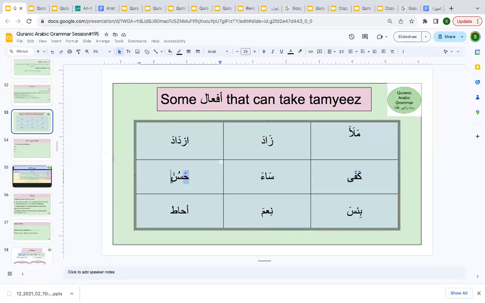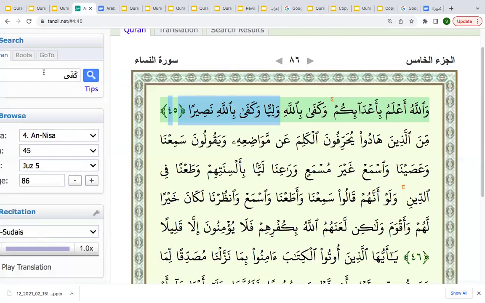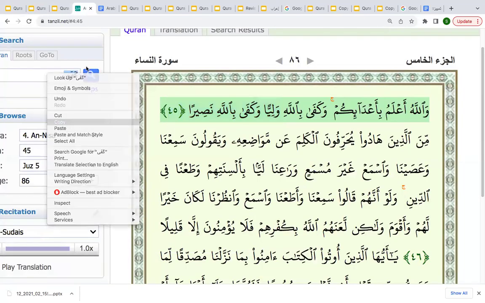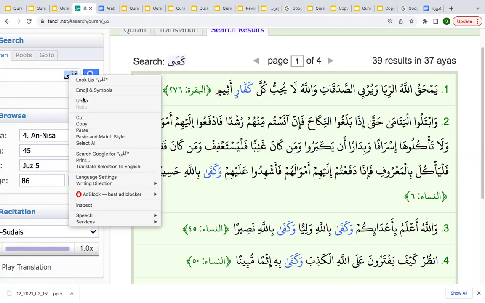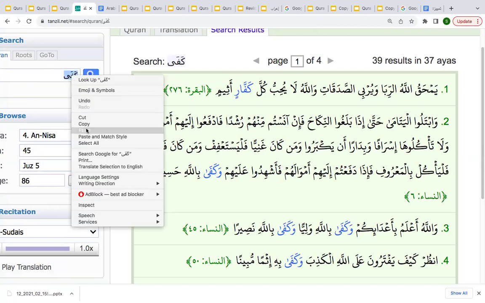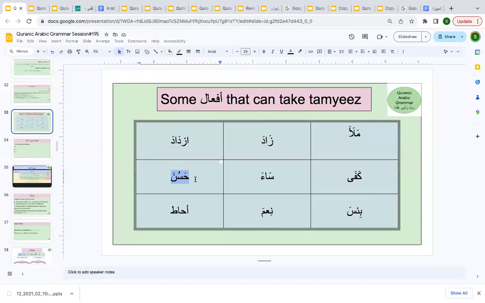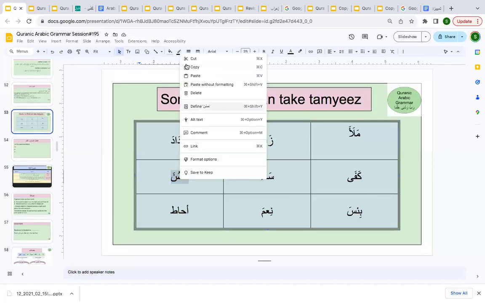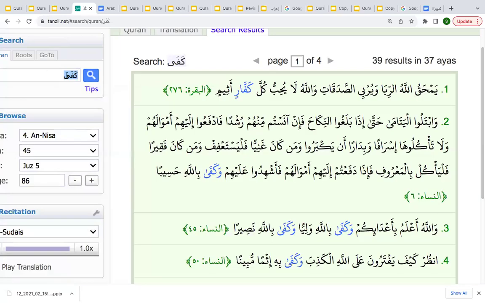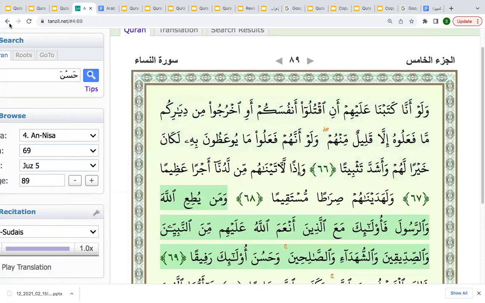Then hasuna, let me give you more examples of hasuna. Hasuna ulaika rafiqa. What are we seeing?